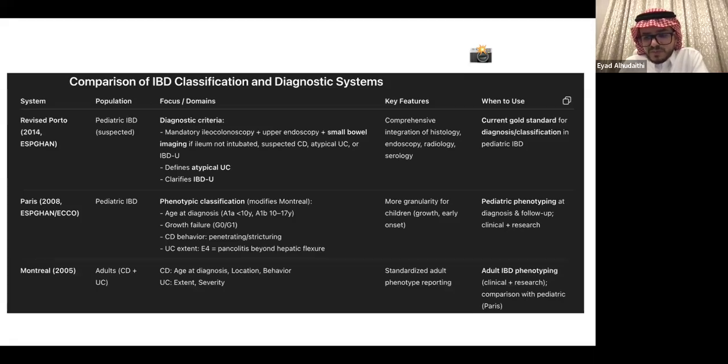It will tell you how to approach those patients, and most of our questions today were adapted from the revised Porto. Paris and Montreal are for the phenotype, to know who is at risk of bad disease or worse prognosis, or who are those with mild disease that you can manage with conventional therapy.